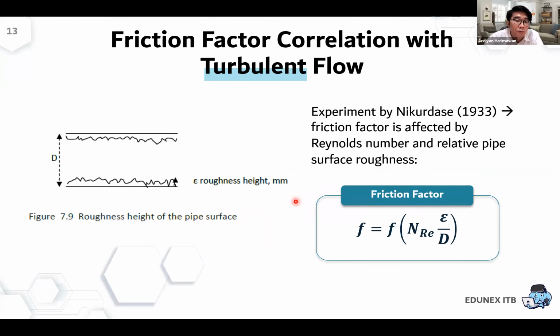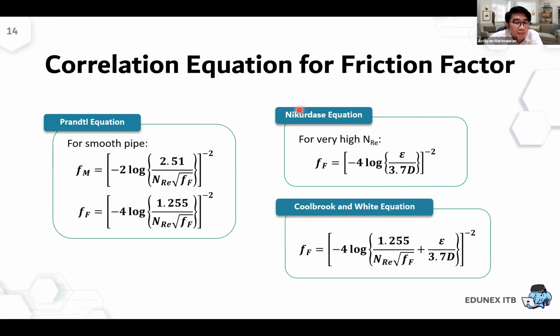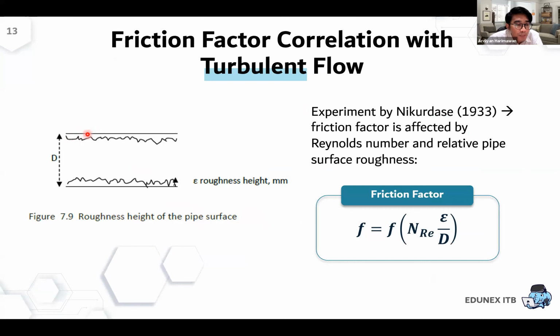But for turbulent flow, the friction factor is not only influenced by the Reynolds number, but also by the pipe roughness inside the pipeline. Different pipe materials and the condition of the pipe will influence the value of epsilon, the roughness. The roughness shows the unevenness, the unsmoothness of the surface.